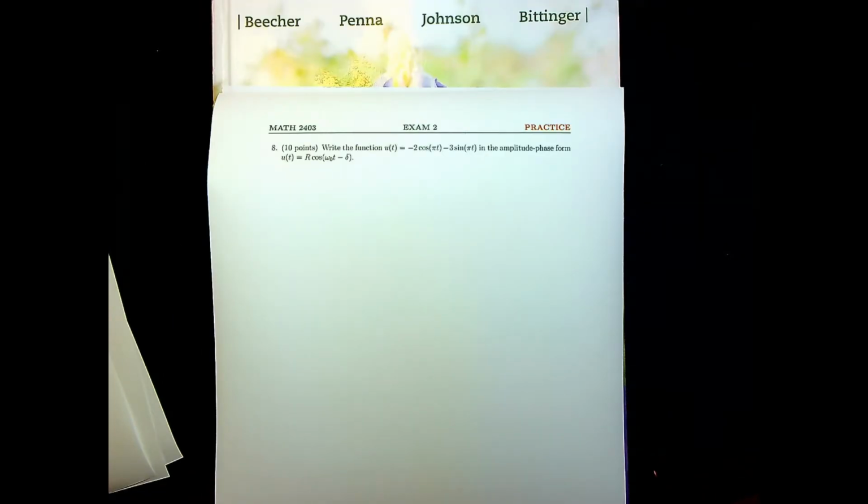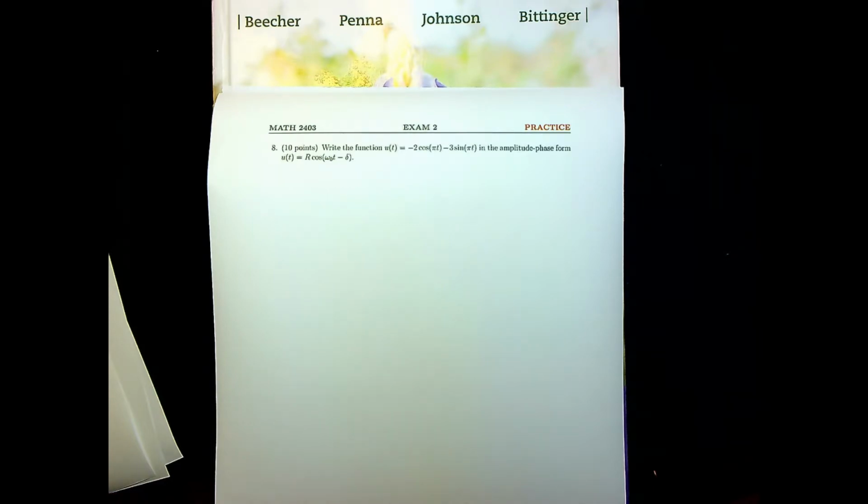Okay, for the next problem, we have to take the function u of t equals negative 2 cosine pi t minus 3 sine of pi t and write it in amplitude phase form using cosine. So we have to write it in the form r cosine omega naught t minus delta.